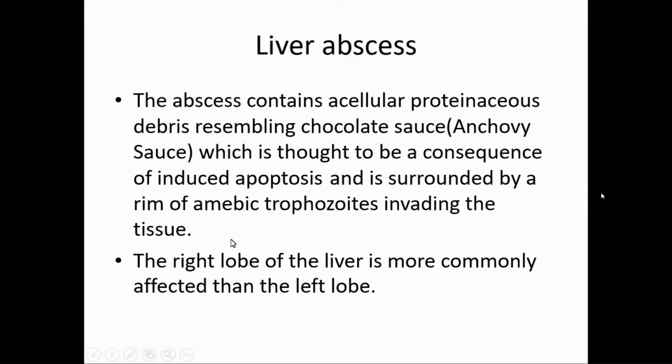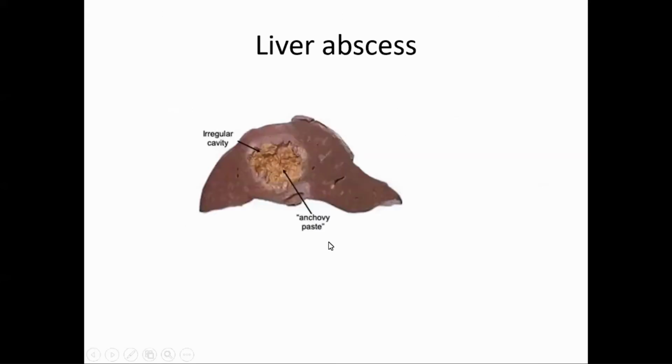And the wall of the abscess is ragged, meaning it is not even and smooth. It is irregular, rough. The right lobe of the liver is more commonly involved. I told you the superior mesenteric vein drains to the right side of the liver. Complication: the liver abscess can rupture and can form peritonitis.